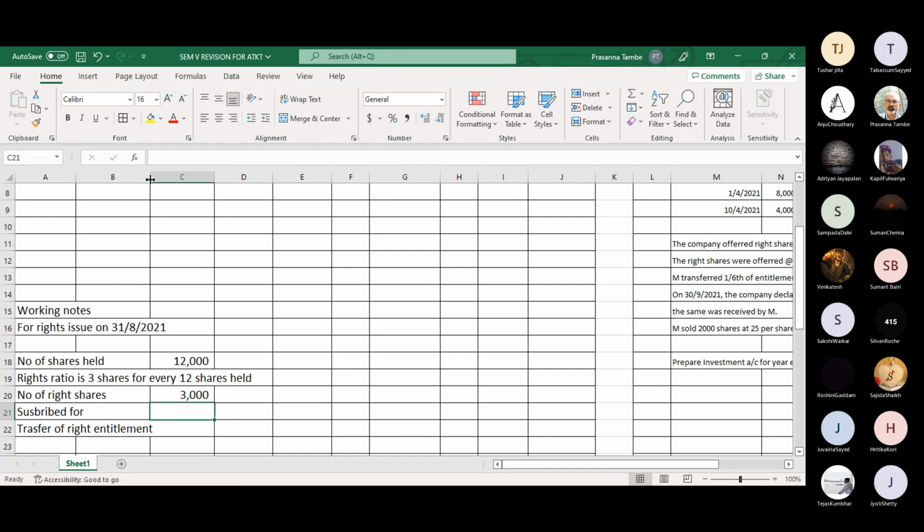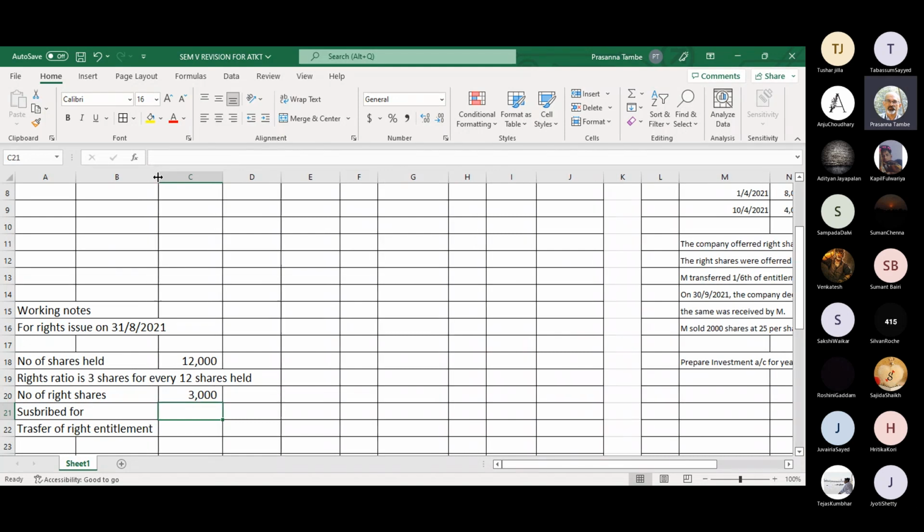So 1/6 means 1/6 of 3,000. 1/6 of 3,000 he has transferred, and he has subscribed for the remaining, that is 2,500 shares.